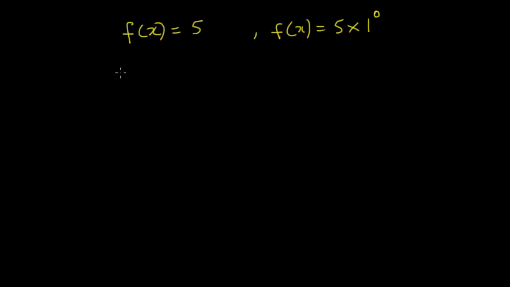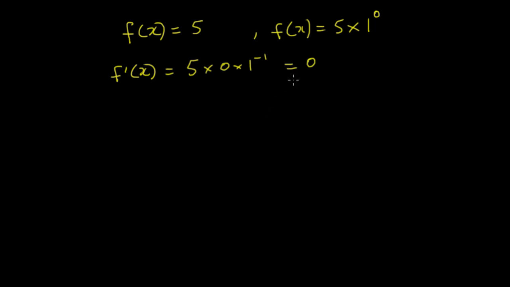So therefore we could say here that f derivative of x is going to equal, well, that would be 5, but it would be multiplied by the 0, so you would take the 0 down, so it would be 0 times the 1, and then it would be to the power of minus 1. But if you multiply 0 by anything, you're just going to get a value of 0.